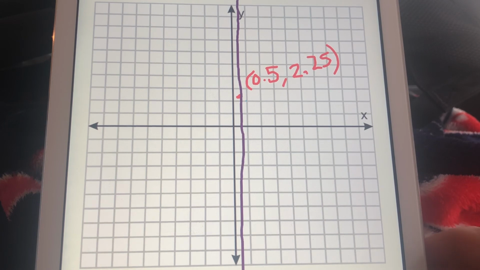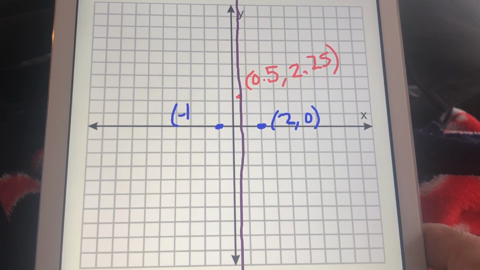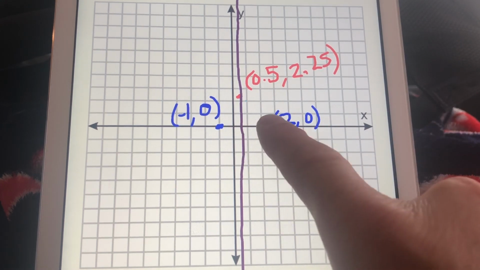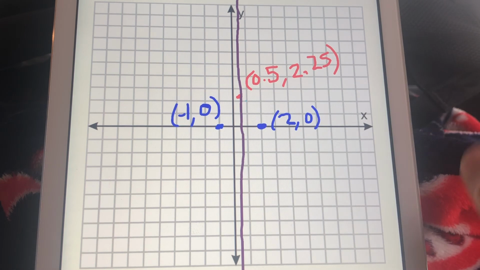We found our x-intercepts to be at (2, 0) and our other x-intercept was at (-1, 0). Notice, those are equivalent distances from the axis of symmetry because they're symmetric points. So that should be the case.